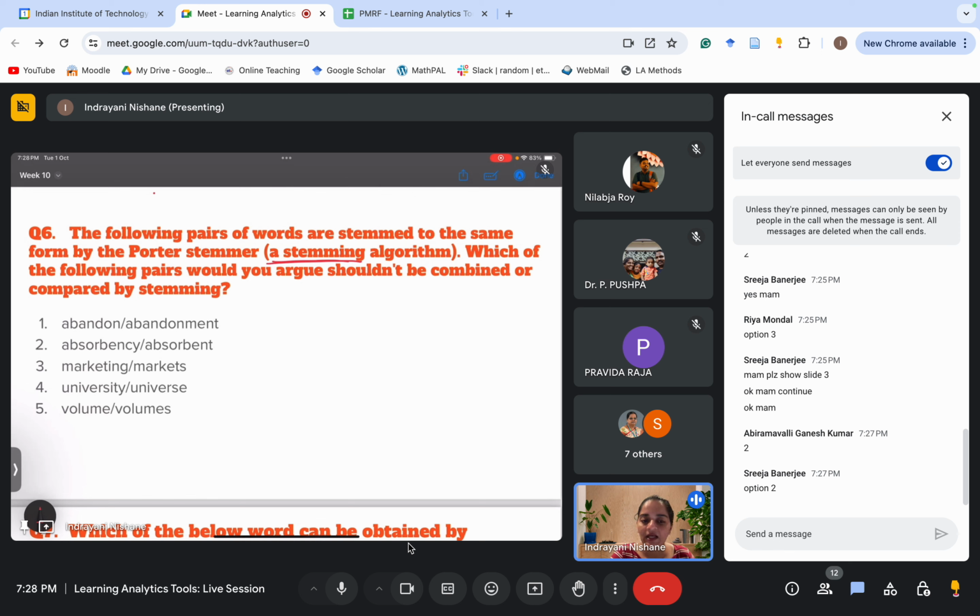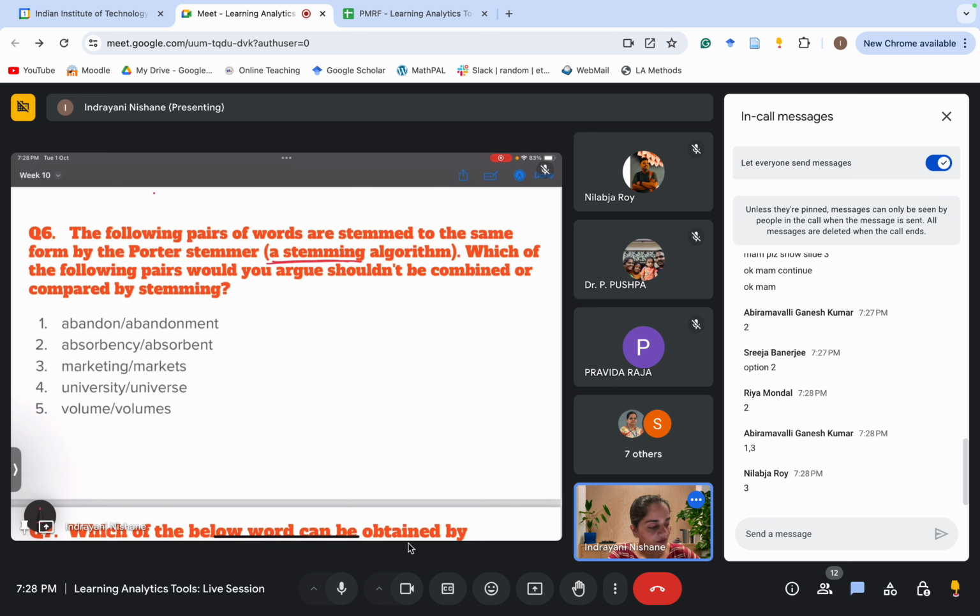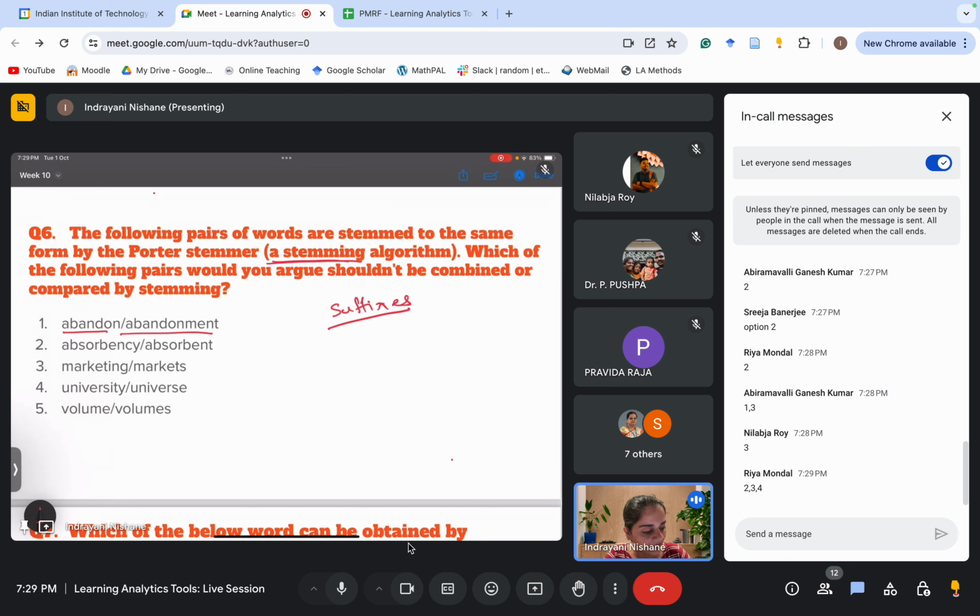What stemming does is remove the suffixes and try to get to the stem word from which the other words are derived. In abandon and abandonment, if we remove the suffix ment from abandonment, can we get the word abandon? Yes. So this is stemming.